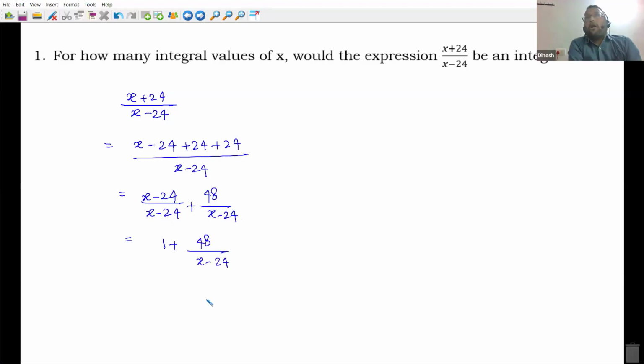So these are counting questions, everyone. Be careful. Let's try and tell me the final answer over here. The condition on x is x should be an integer. It can be a negative integer, it can be a positive integer.